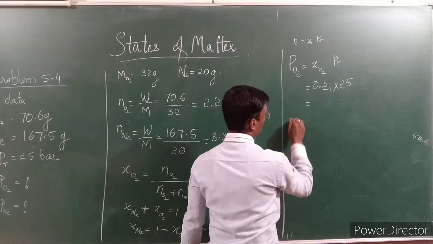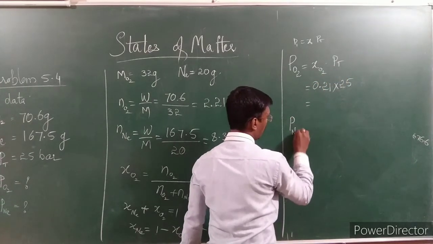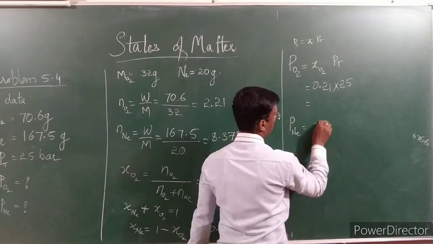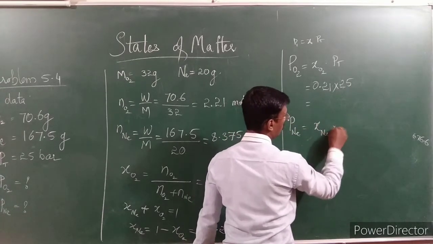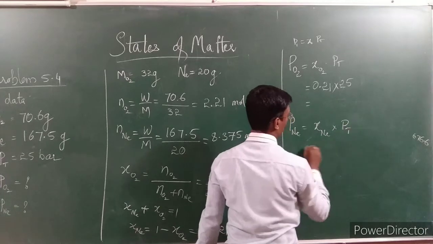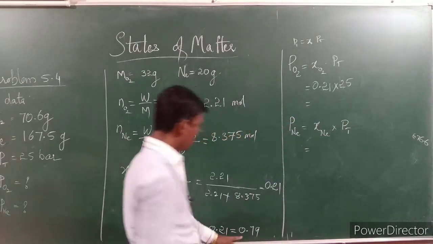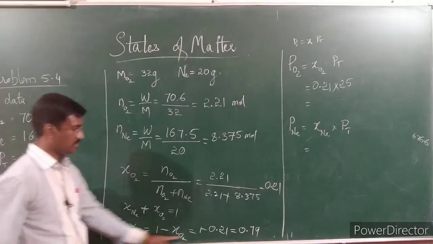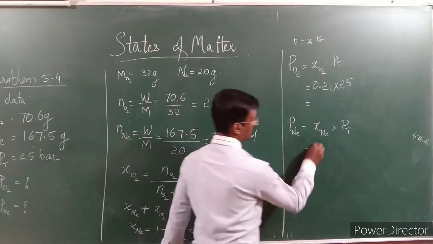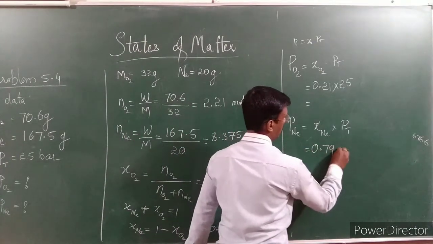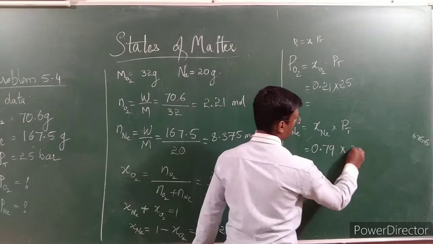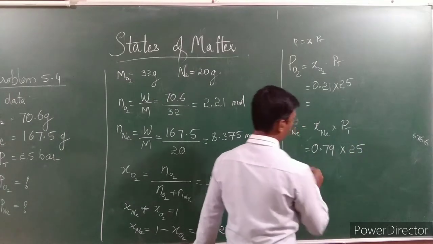Similarly, the partial pressure of neon we can calculate by mole fraction of neon into total pressure. So the mole fraction of neon is 0.79, into PT, the total pressure, 25 bar.